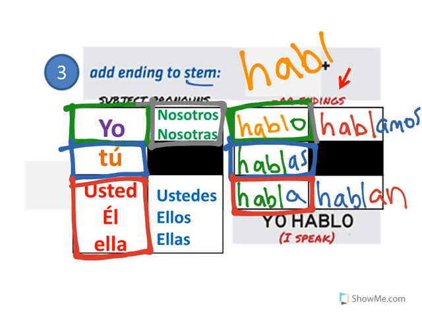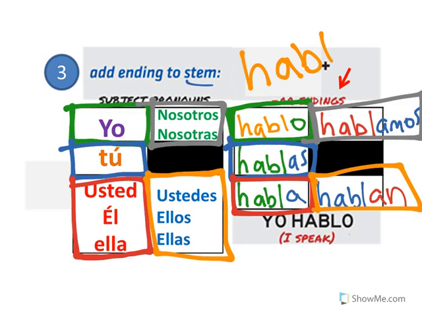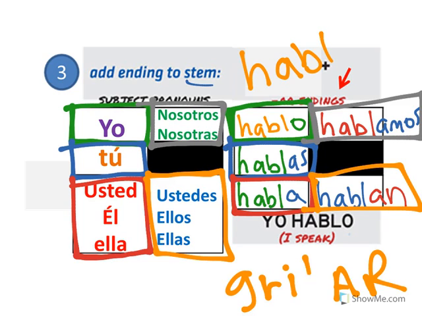Nosotros and nosotras with hablamos. And finally, ustedes, ellos, and ellas with hablan. Now this works with all of the verbs that end with AR. Remember, they must end with AR. Like caminar and hablar. And maybe even this fun one, gritar, which means to yell.